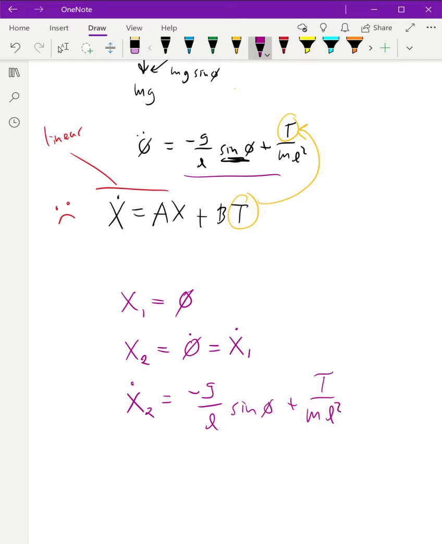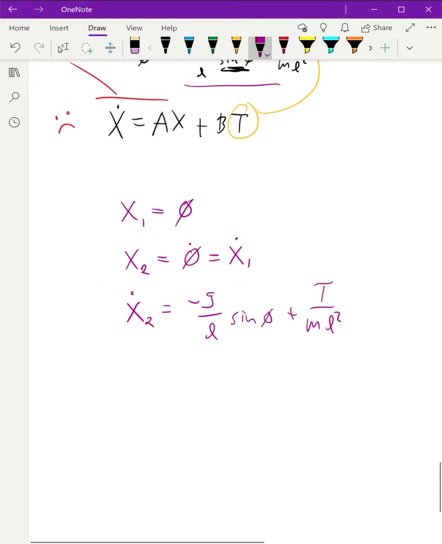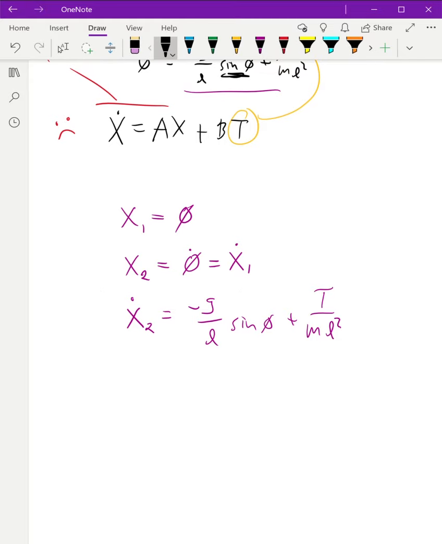Okay, so what is our state space form? Our state space form is when we have the state derivative on one side of the equation and the rest on the other side. So our first state derivative is x1 dot. Our second state derivative is x2 dot. x1 dot is equal to x2, you always express your state derivatives in terms of your state variables.